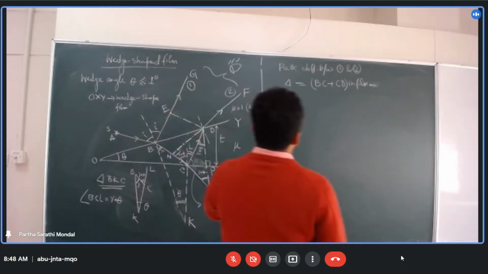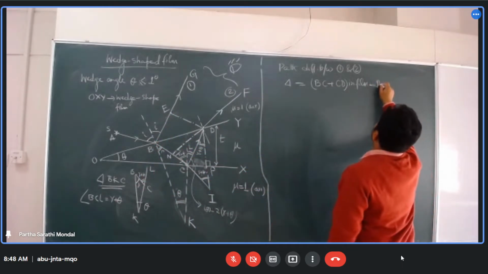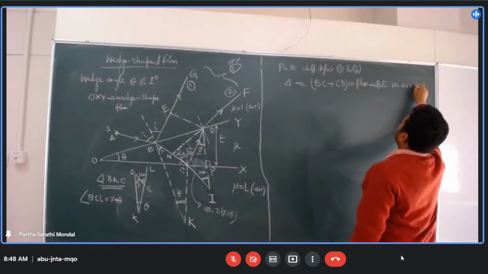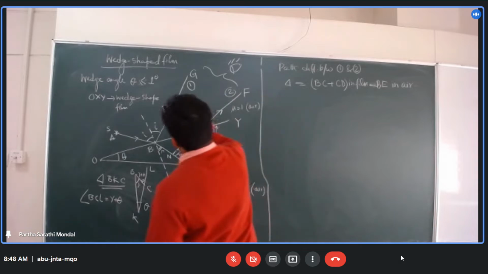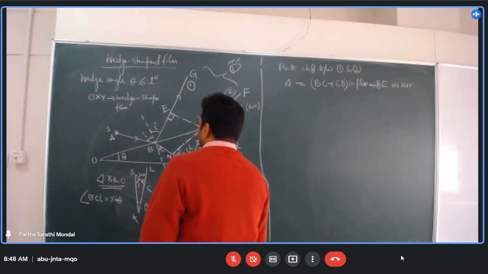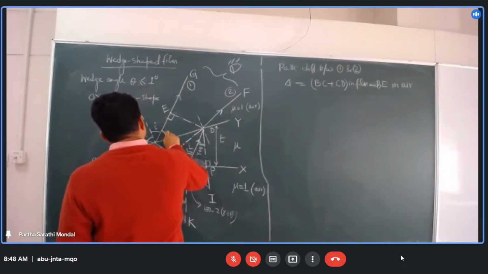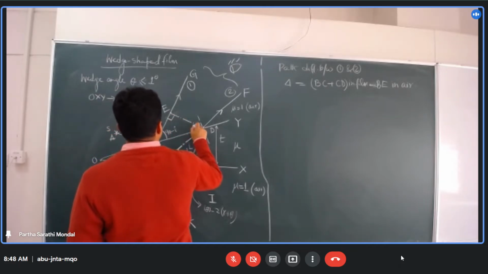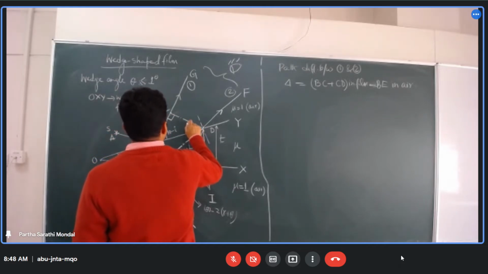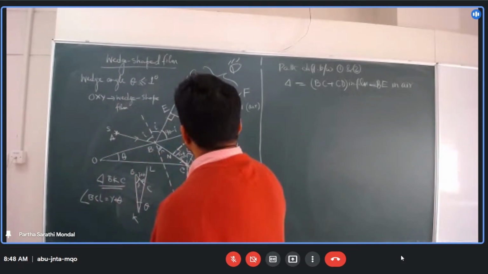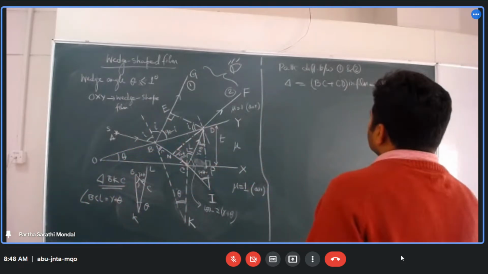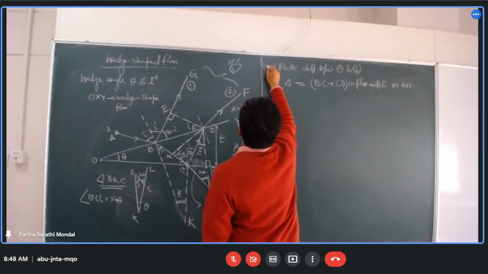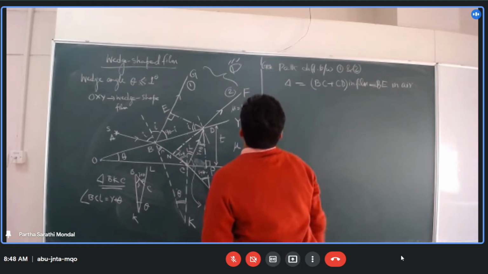So BE in air. So this is, we have drawn a perpendicular here. So we know that this is also 90 minus I. So this is 90. So this angle will also be I. Okay. So now this is a geometrical path difference. Okay.